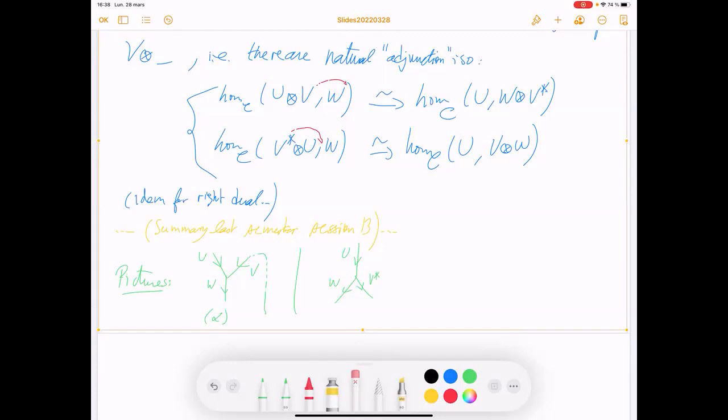So wait. Okay, and then you do like that. So this is beta. So like that, there is alpha, there is beta. And this is beta.